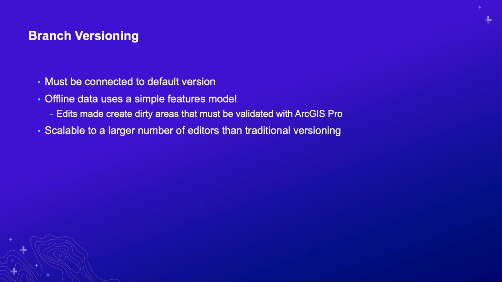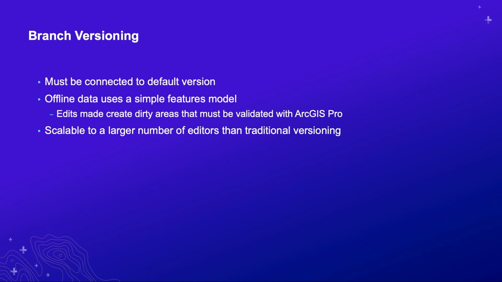Okay, let's have a brief look at branched versioning. And this is the newer versioning model. It's really been designed and implemented from the ground up to work very well against the WebGIS pattern of working, and it does scale to a large number of editors, and definitely scales to a larger number than the traditional versioning does. But it does have some restrictions.